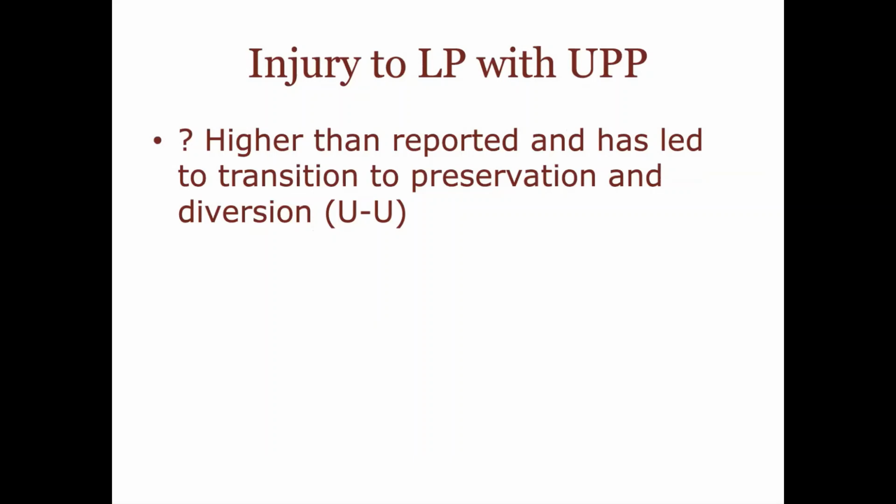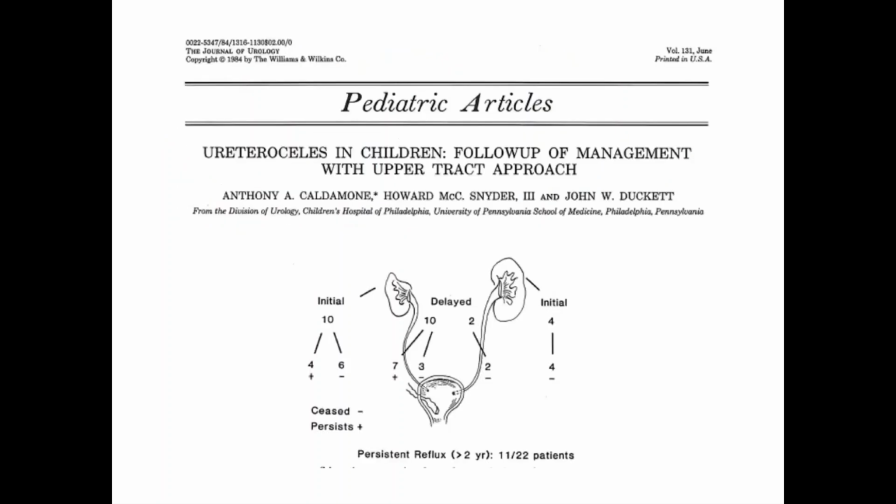I know personally I've had one case in 25 years where I know that there was significant loss of function to the lower pole with a partial nephrectomy, and that may be one reason why we've transitioned away from doing a lot of partial nephrectomies in St. Louis.